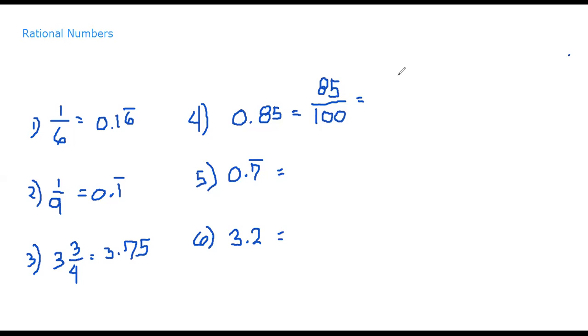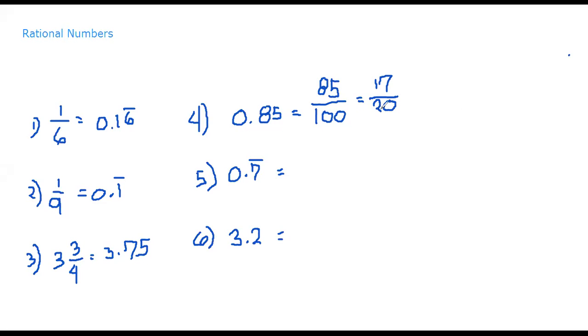Sir, 17 over 20 po. Okay. Tama. So, 85 over 100, that is 17 over 20. Because they are both divisible by 5. Yun talaga ang mahirap eh.